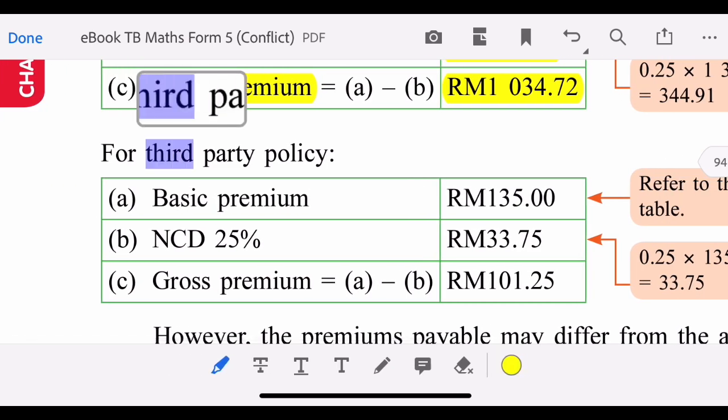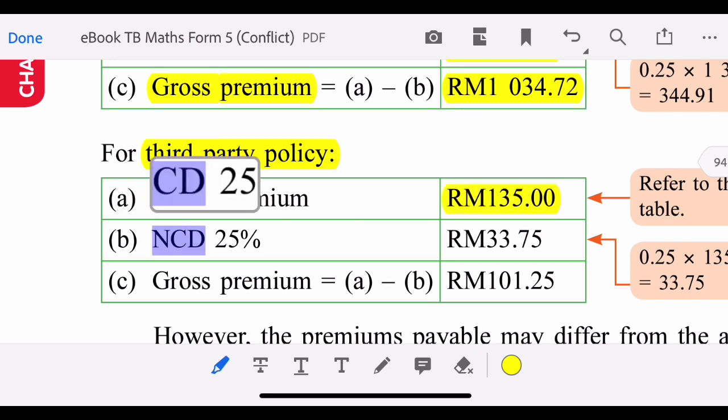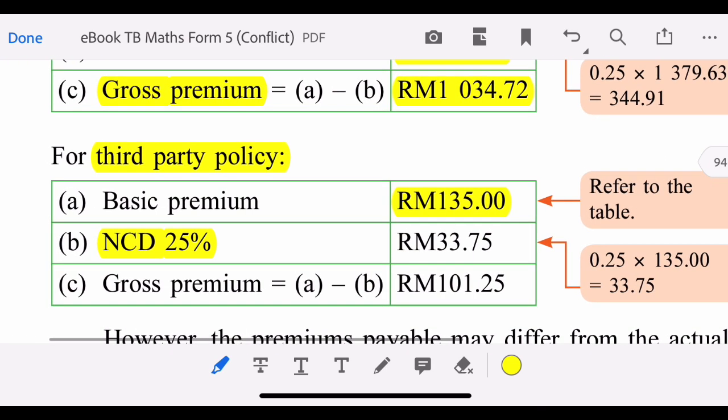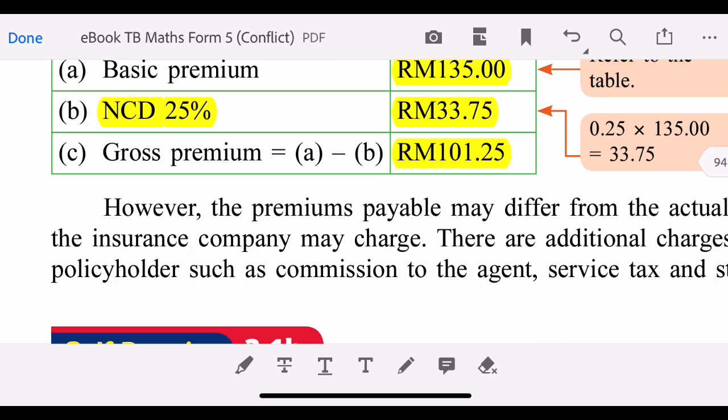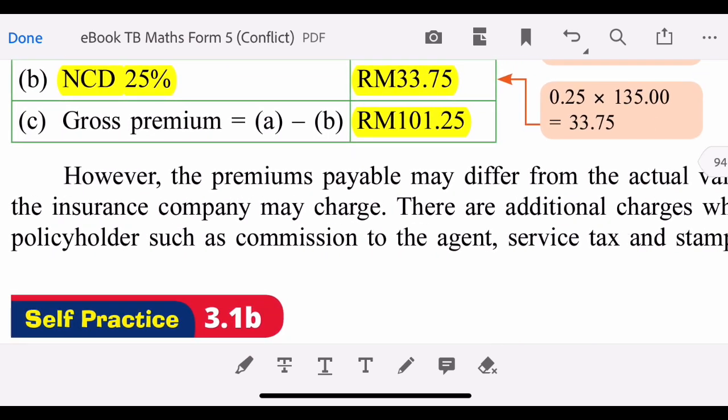How about for third party policy? For third party policy, the basic premium is just 135. NCD 25%. 25% times the 135 is 33.75. So the gross premium is 135 minus 33.75. So it's quite cheap, right?